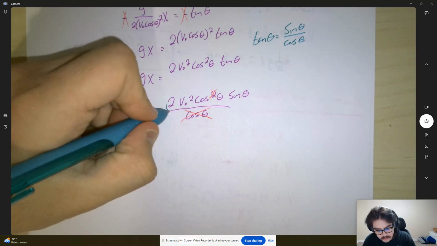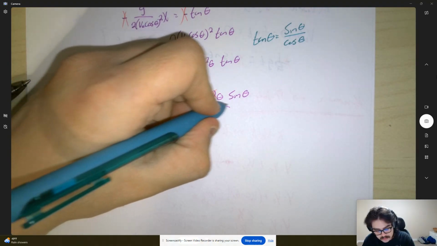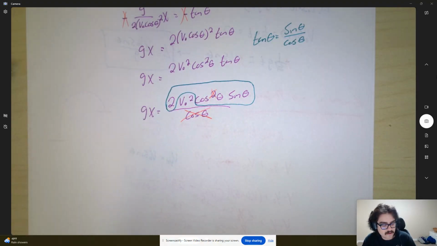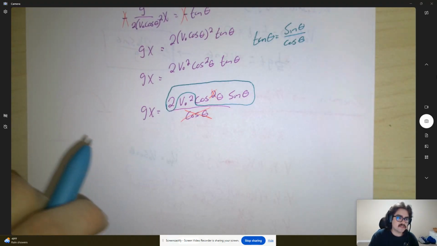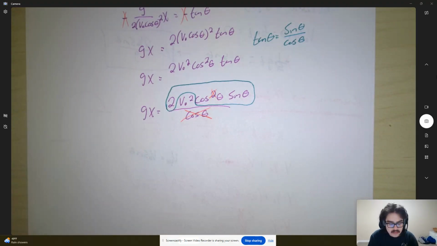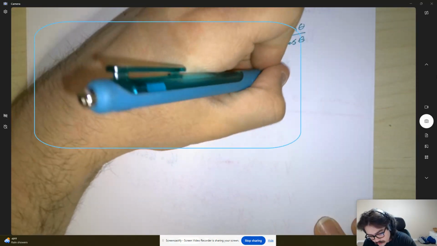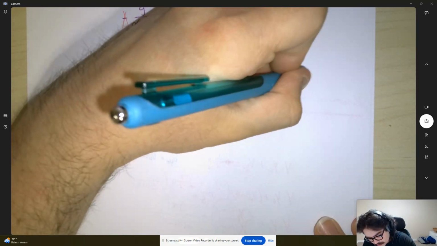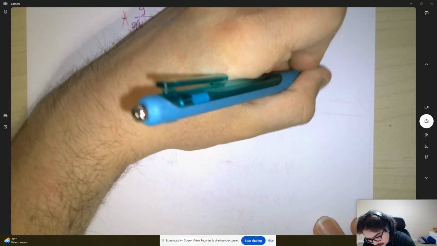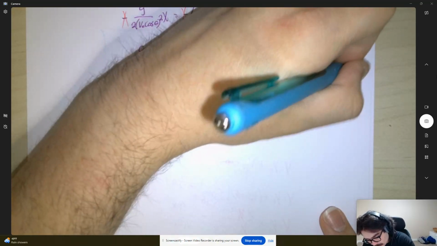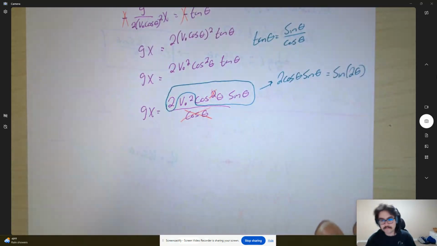If I pull out this 2 cosine theta sine theta, it's actually one of your identities from pre-cal. This is the identity 2 cosine theta times sine theta equals sine of 2 theta.